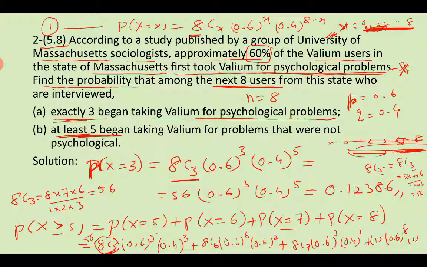Let's see 6, which is equal to 8C2, which is 28. Calculate it. 8C7 is equal to 8C1, which is 8. Now use calculator, you will find the answer as 0.5941.